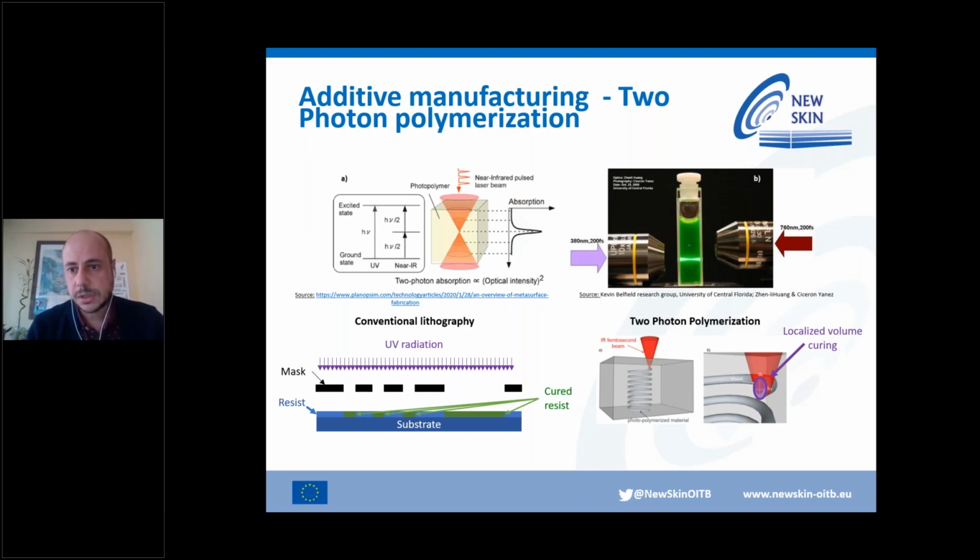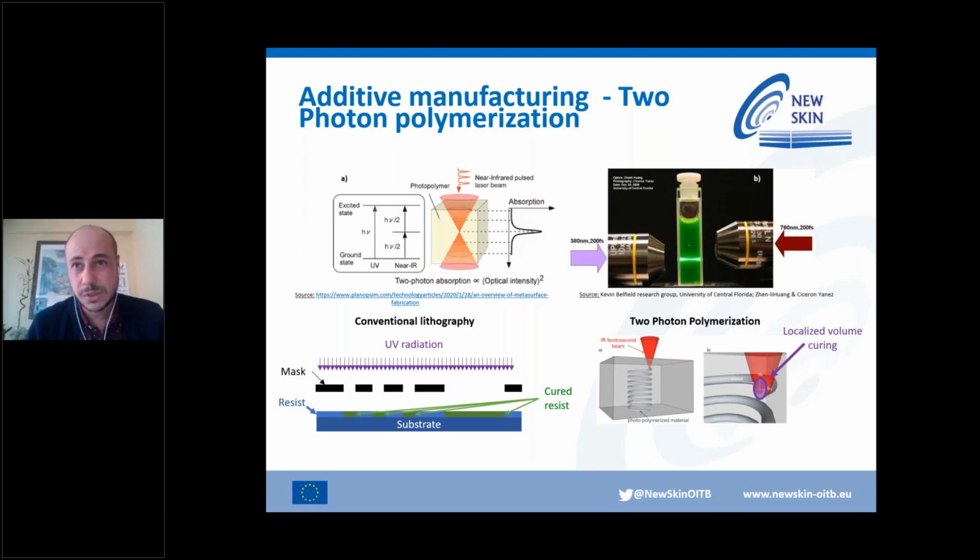As you can imagine, the drawback of this technique is that if you have to move this very small voxel inside the resin in order to produce a 3D object, you will need some time to produce something which is large.